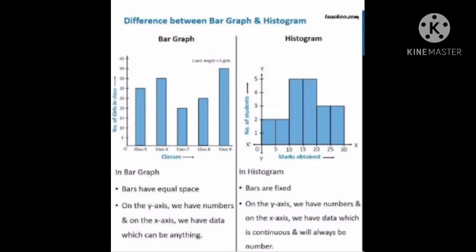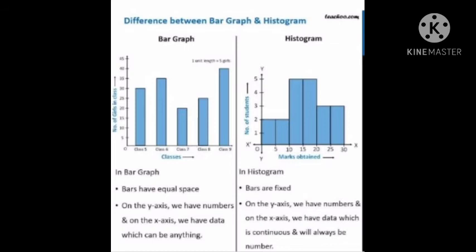Bars have equal space, and on the y-axis we have numbers and on the x-axis we have data, which can be anything. In a bar graph, usually along the y-axis we represent only numbers, while along the x-axis we mention whatever data is given in the question.